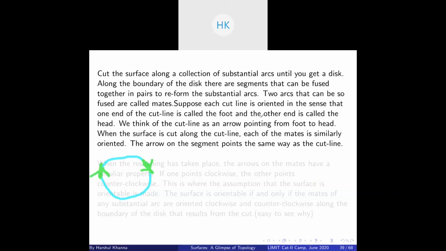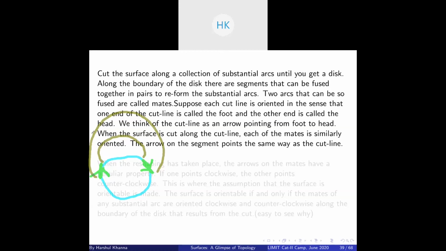Now, since we essentially disconnected the substantial arc, we have to paste it back, right? A natural way to paste it back is by a strip of paper or anything you like. So I have to attach these both arcs, right? I have to attach these both arcs in this particular orientation.